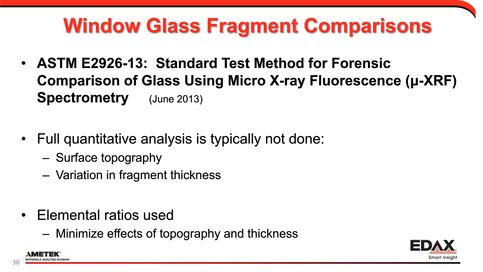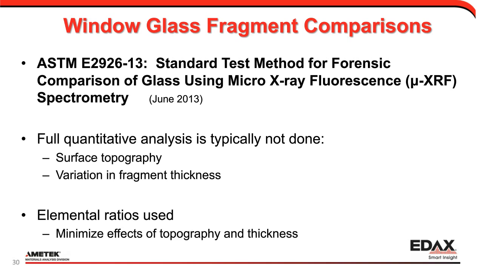In this type of comparison, a full quantitative analysis getting weight percentages of elements in the glass is not typically done. And the reasons why that is they saw too much variation of the weight percent composition based on the surface topography of the fragment or variations in fragment thickness. So instead what they use are elemental ratios.